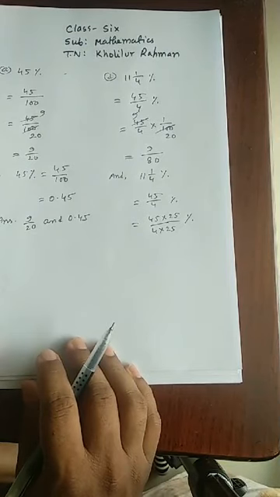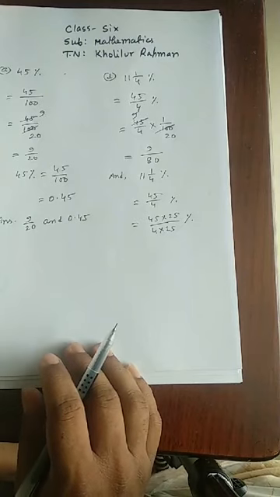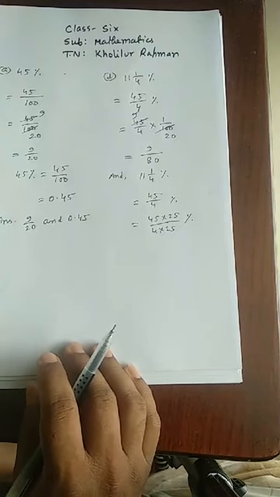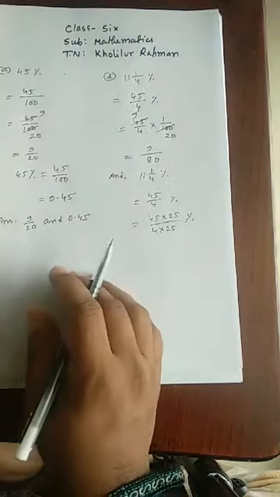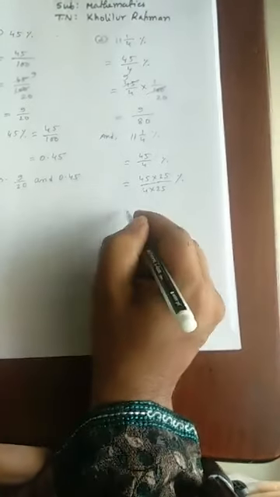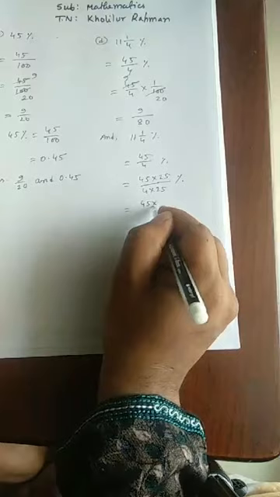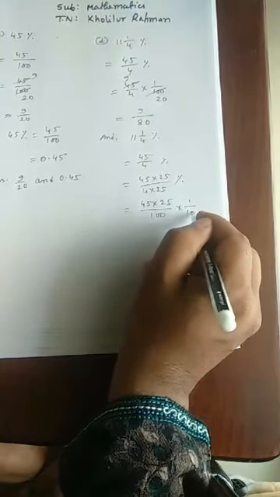So if you multiply, it will be what? Tell me, 45 into 25, it will be what? 45 into 25, and the lower one will be 100, and percentage for 1 by 100.